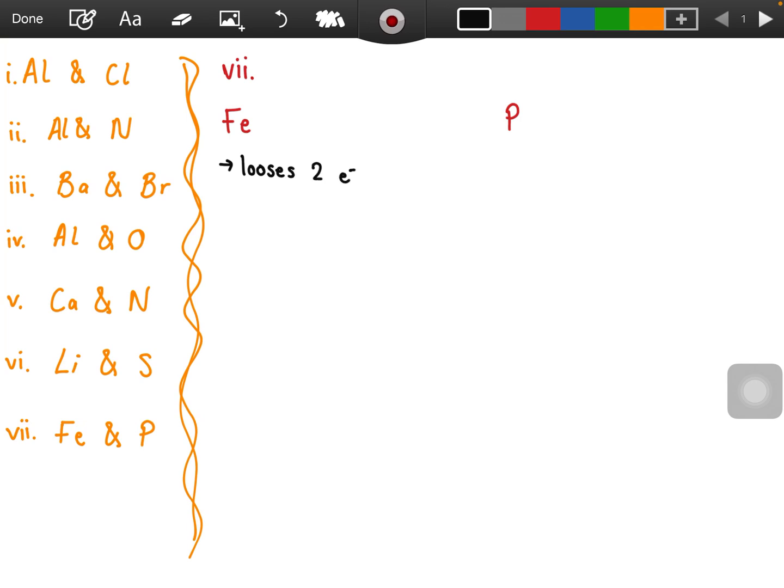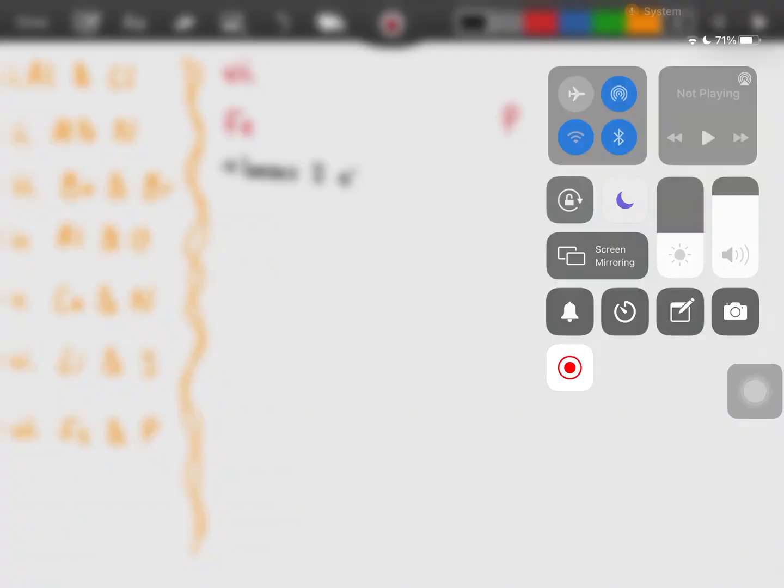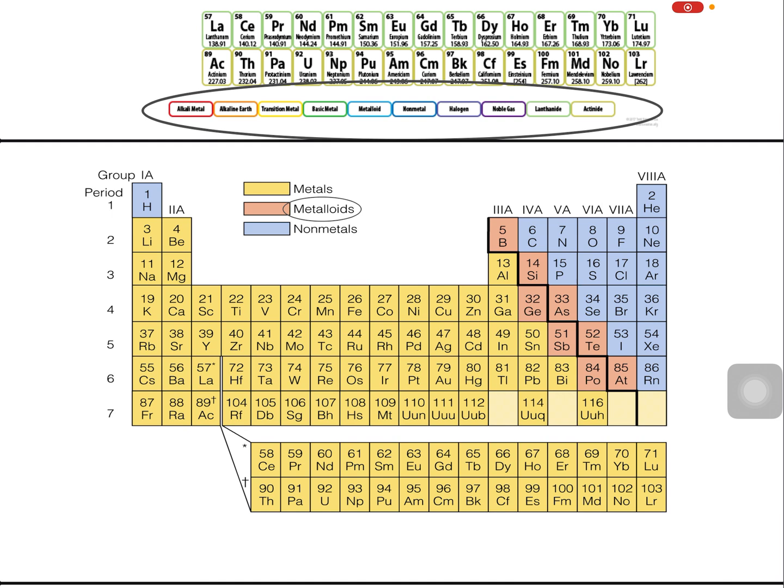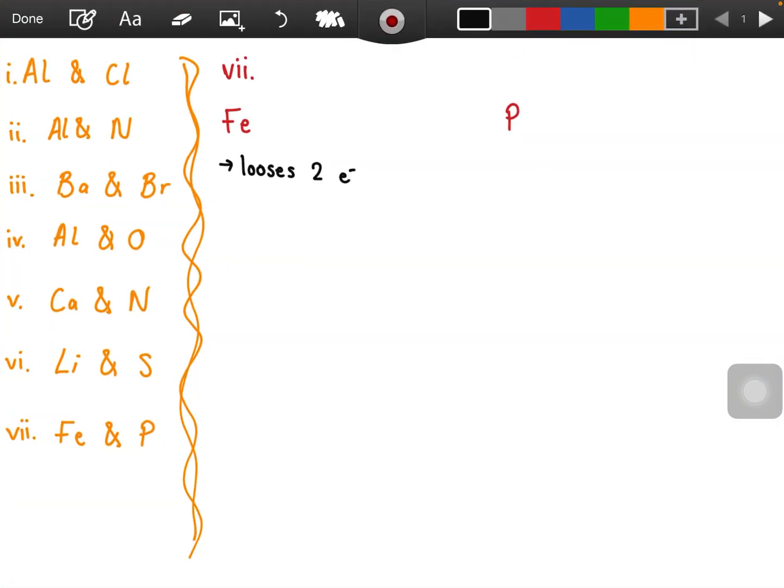Phosphorus then. If we try to find phosphorus, we will find that phosphorus gains 3 electrons.